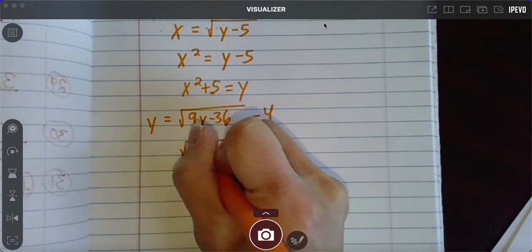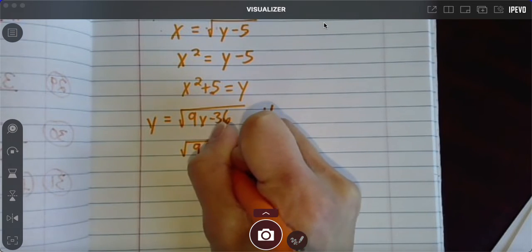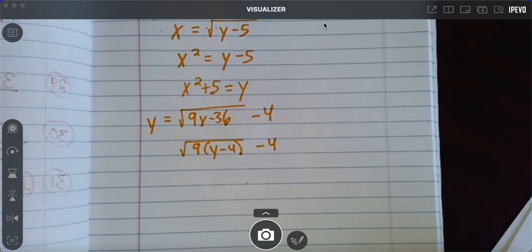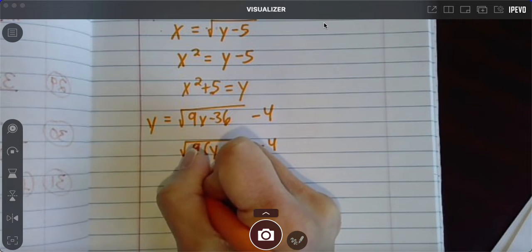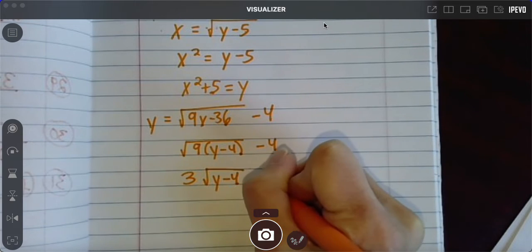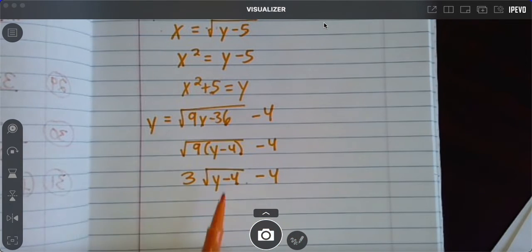And 9's a perfect square. So watch. I'm going to write 9 times x minus 4. Does that look the same? Then what is the square root of 9? 3. So I have 3 square root of x minus 4. I just divided them both by 9 so that I could take that number out.